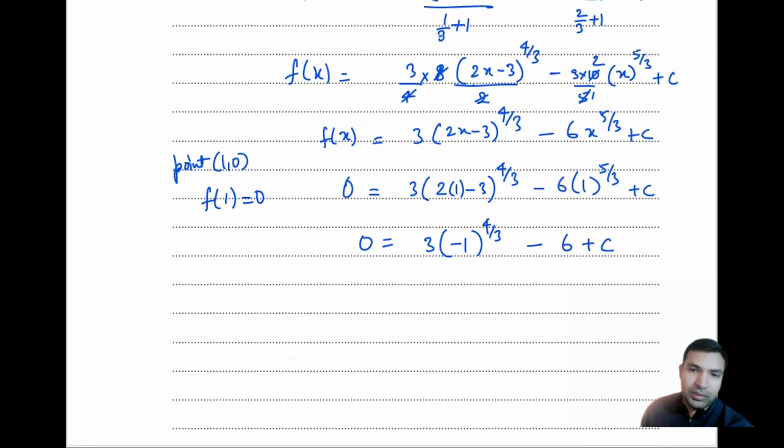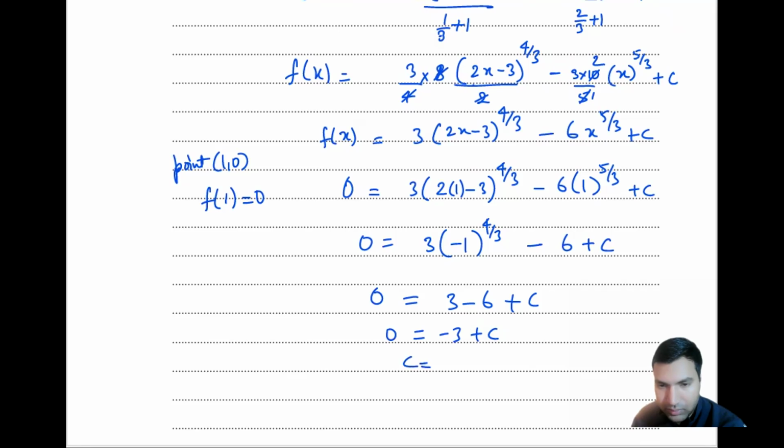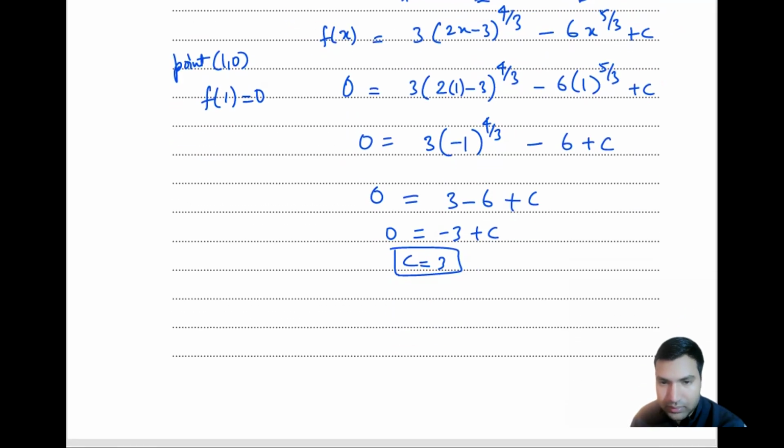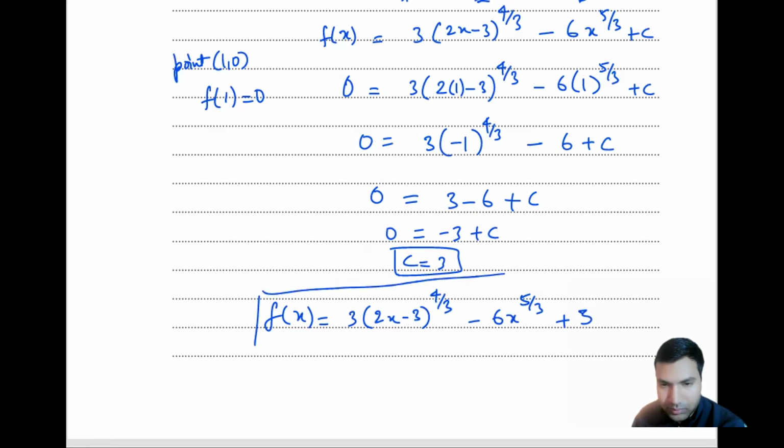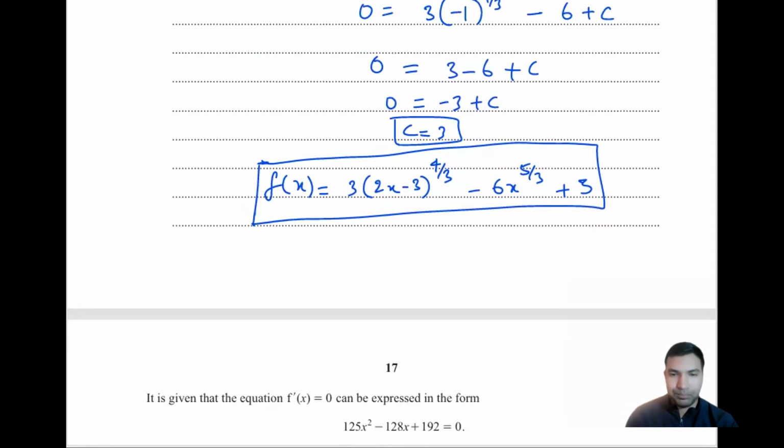Now negative 1 to the power 1/3 is negative 1, and then to the power 4 it becomes positive. So it becomes 3 minus 6 plus c equal to 0, or negative 3 plus c equal to 0, or c equal to 3. Right? So the final answer: f of x is equal to 3 times (2x minus 3) to the power 4/3 minus 6x to the power 5/3 plus 3. Okay, substitute the value of c here. So this is the final answer.